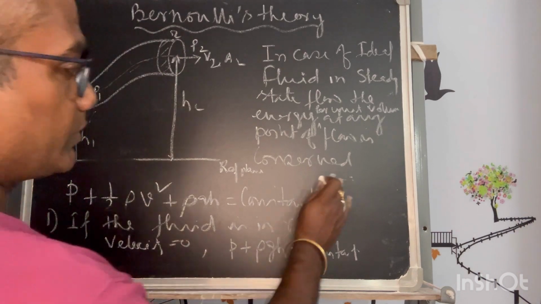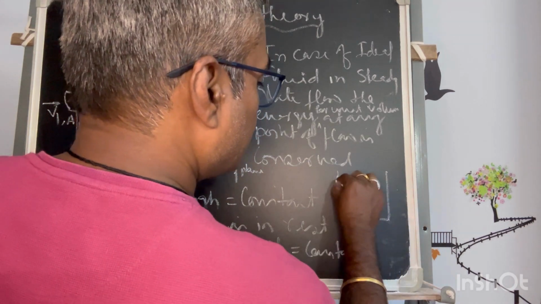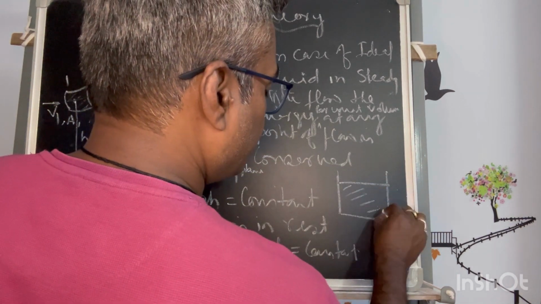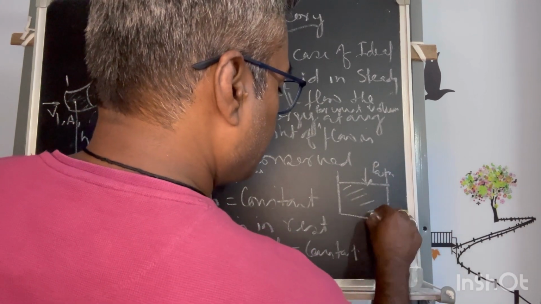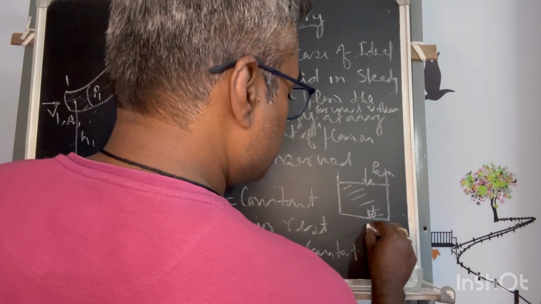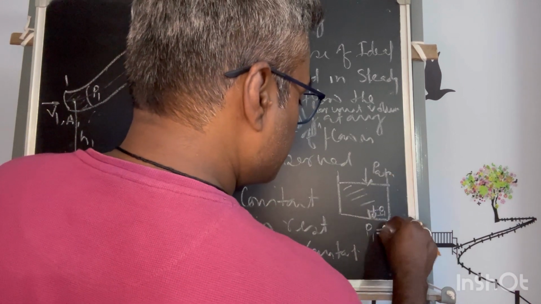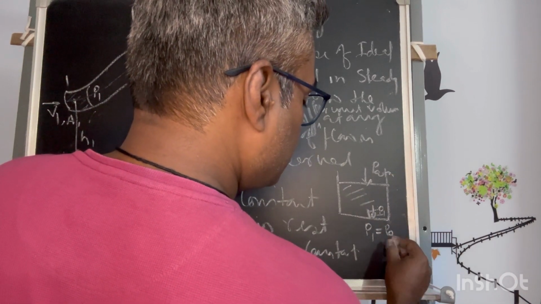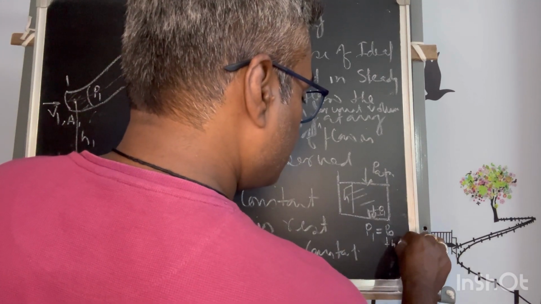If I remember, in a container filled with some fluid, the pressure energy here is P atmospheric, and the pressure energy here, if I say this is P1, is equal to the atmospheric pressure, that means P0, plus the height, if it is h, rho g.